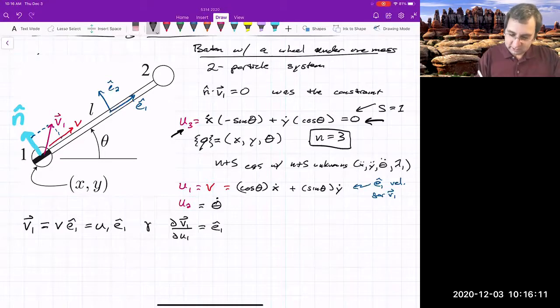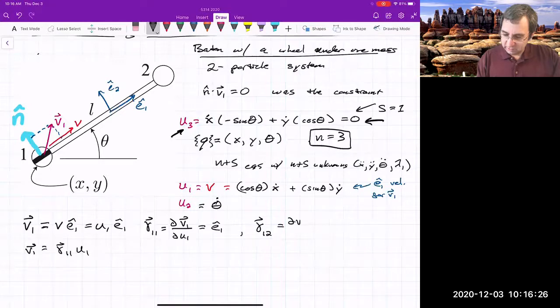That's exactly gamma 1,1. So we could write V1 equals gamma 1,1 u1. And gamma 1,2, partial V1 partial u2: it doesn't depend on the second quasi-velocity, so that's 0.